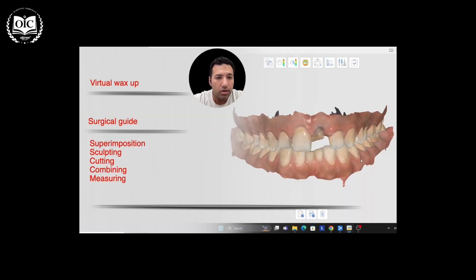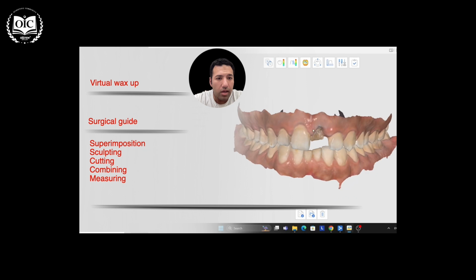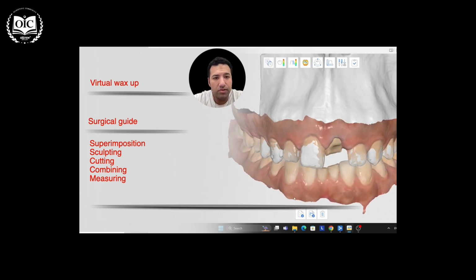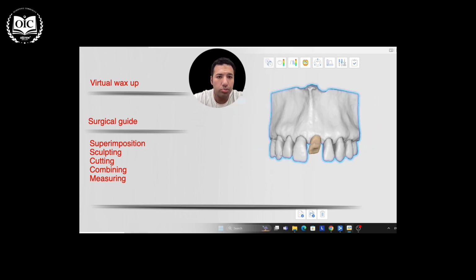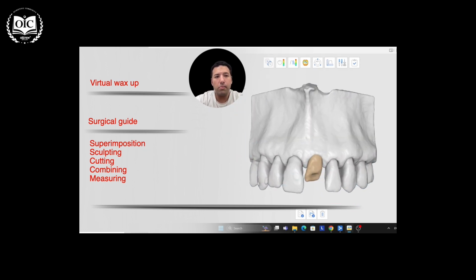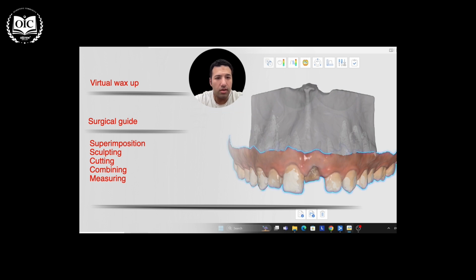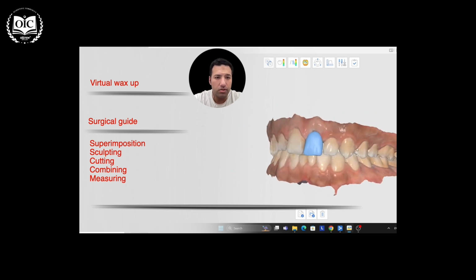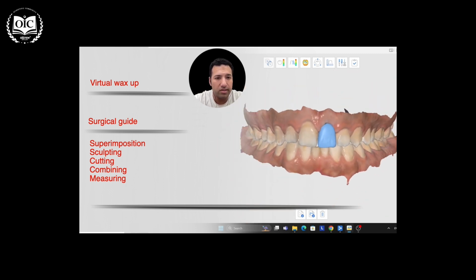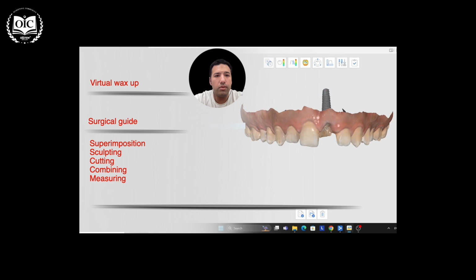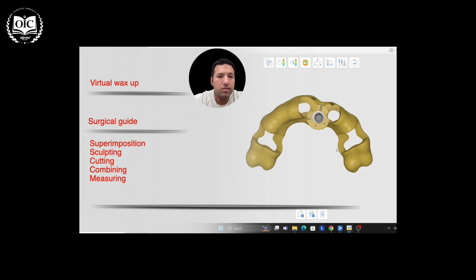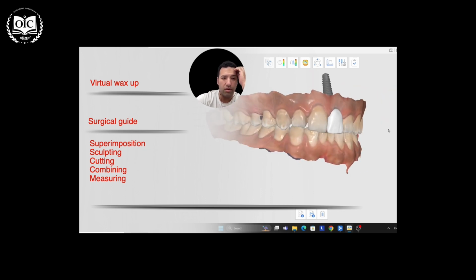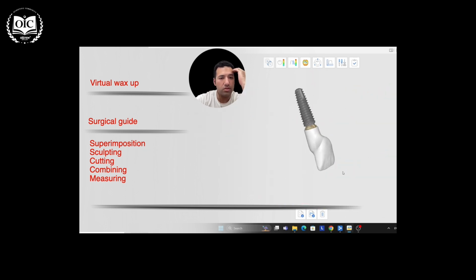Then we started formulating a sequence for having a digital design for the final prosthesis of the implant prior to placement of the implant position. So virtual wax up is done, then the surgical guide is done accordingly to support the position of the tooth that has been determined by the wax up, and therefore when we place the implant through the guide in this position, it's going to aid in the final result in getting the tooth position in the desirable area that we want it to be in the cingulum of the anterior tooth.